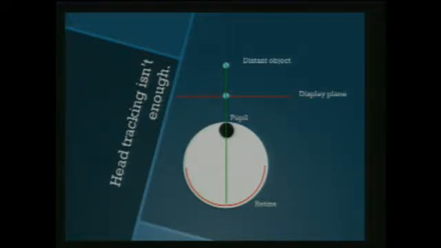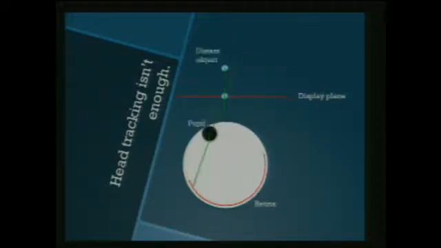It's perfectly overlaid, and it's very useful to you. But then you turn your eye a little bit, and that dot on the display is no longer lined up with the scene. So if we want to overlay, we need to track not only the head, but also each individual eye, and figure out where it's exactly located so that we can adjust the display ever so slightly to have perfect visual overlays.